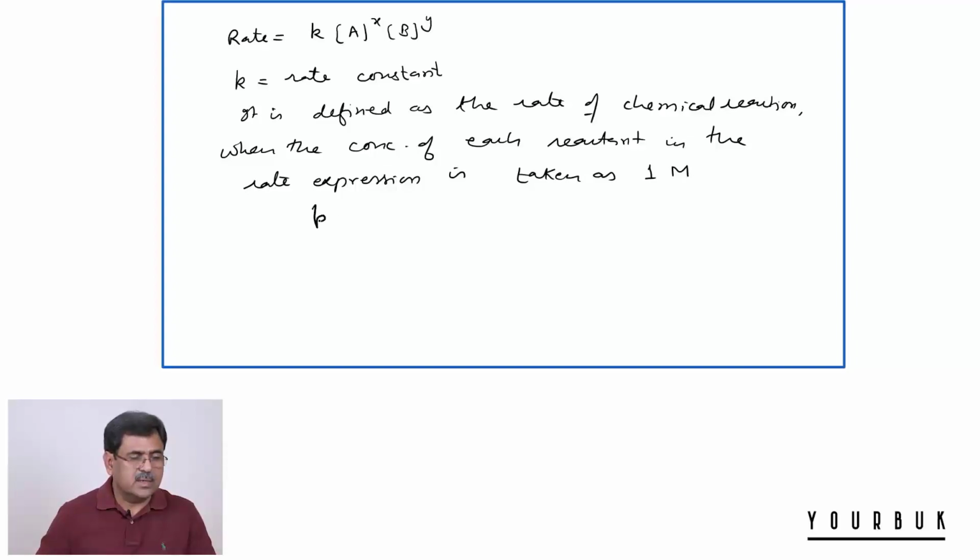In this case K is equal to rate upon A raised to power x and B raised to power y.